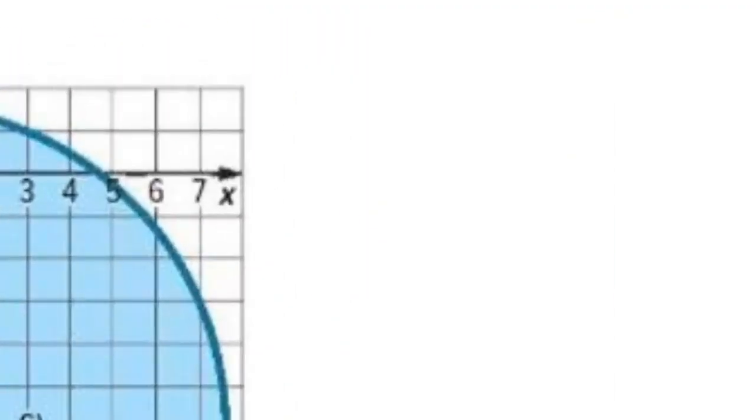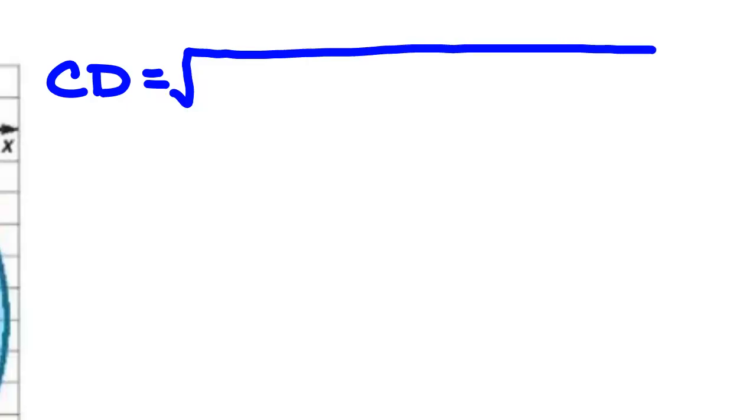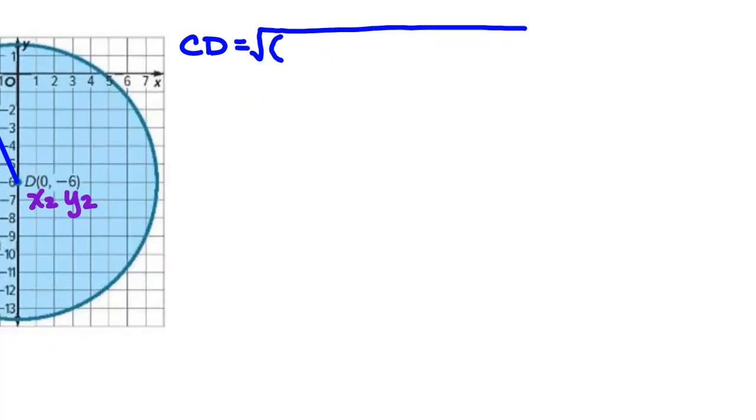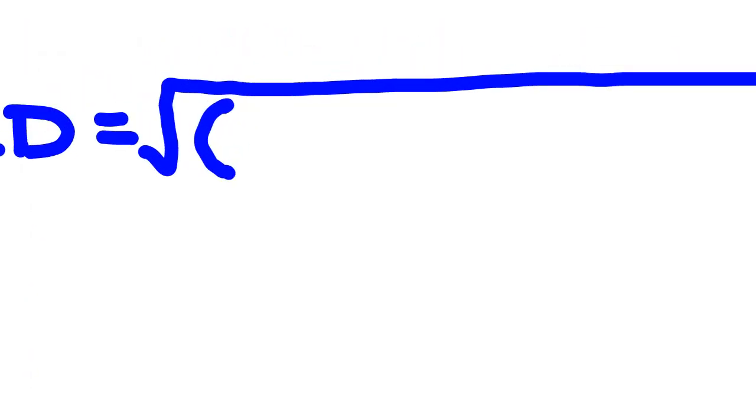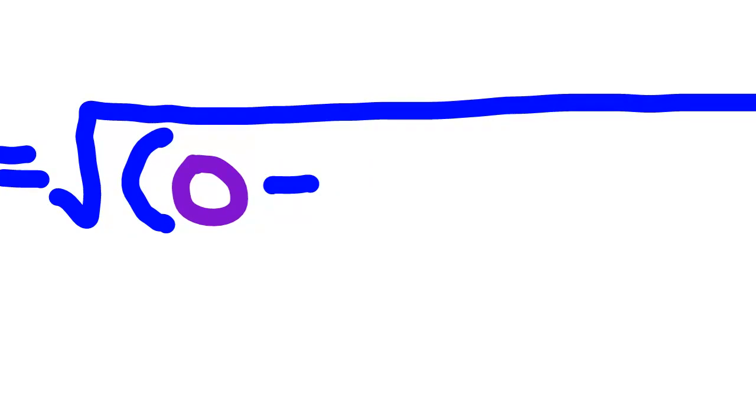So now finding the distance from C to D equals big long square root sign, open up parentheses. We have x2, which is 0, minus x1, which is -3.